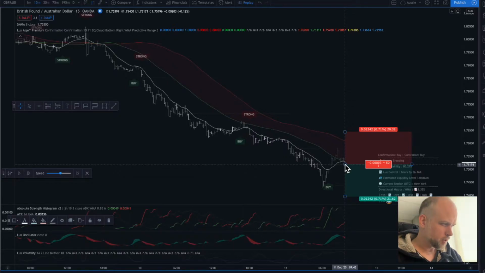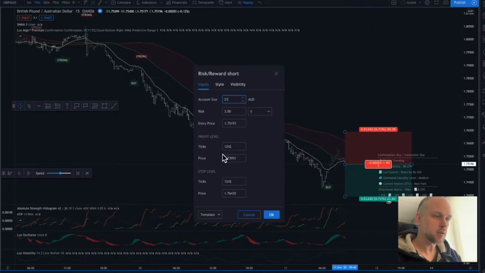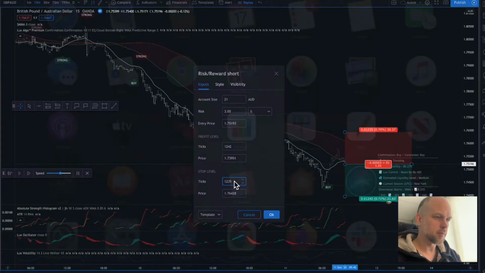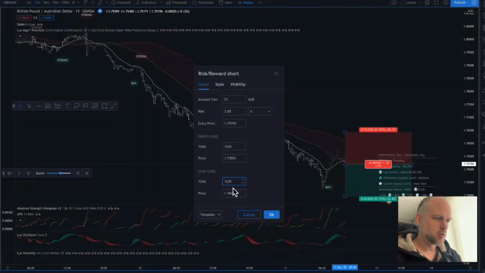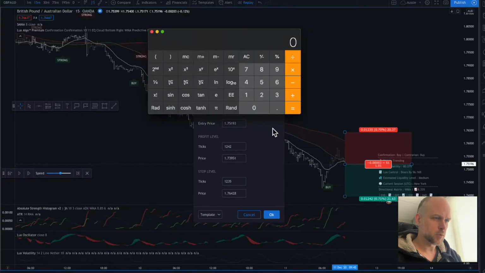Okay, cool, 236. So again, this is how I set up this tool. 236 is my ATR. So I've got to get my calculator here. 237 times 1.5, that's my stop loss.